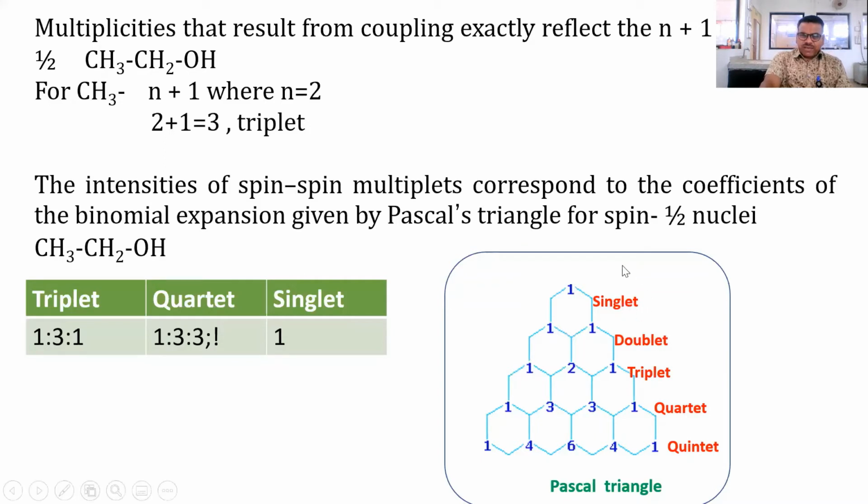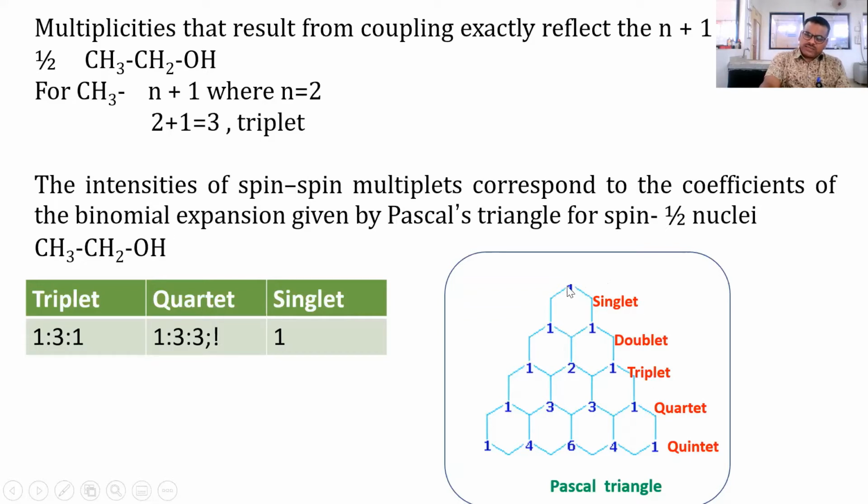When I have a singlet, in the n plus 1 rule, n is equal to 0, therefore singlet. When I have a doublet, n plus 1 is equal to 2. When I have a triplet, I have to use 1, 2, 1, and so on. Likewise, you can get singlet, doublet, triplet, quartet and quintet.